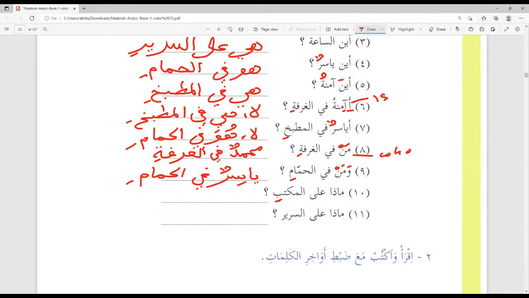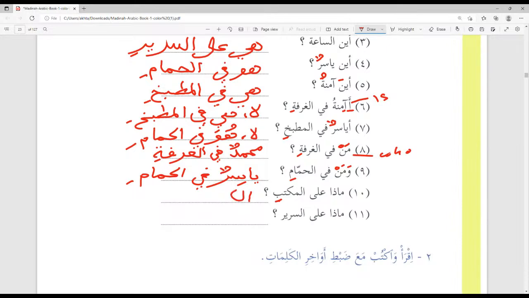Read the question. What is on the... لا، بالعربية. In Arabic. ماذا على المكتب؟ الكتاب هو على المكتب.